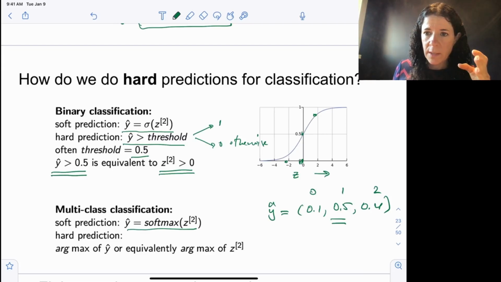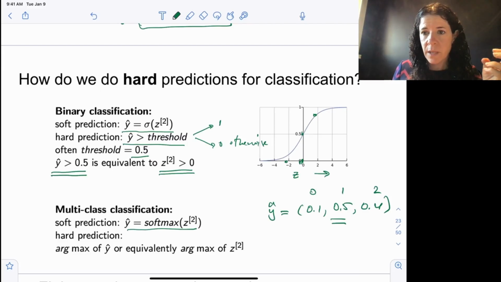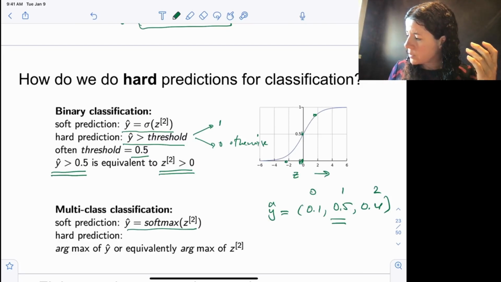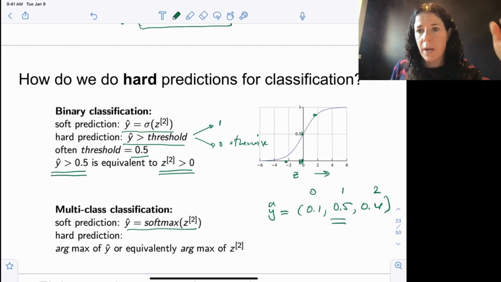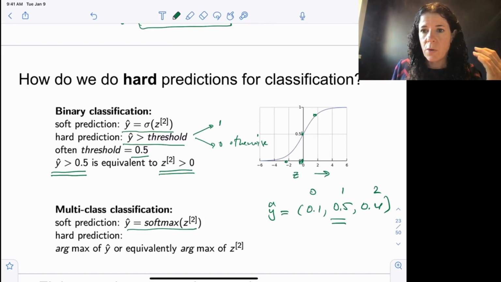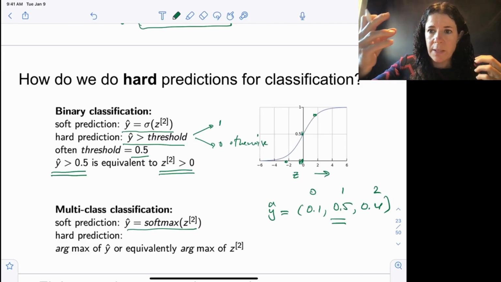So instead of doing the argmax of the softmax probabilities, you can do the argmax of Z2. These numbers came from a softmax of Z2, and the higher number in Z2 is going to give you the highest probability.